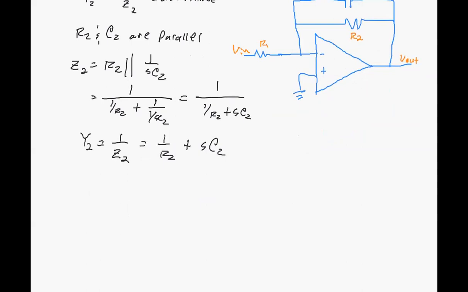But so now if we wanted a transfer function, V out of S as a function of V in of S, we now have minus Z2 over Z1, or that's the quantity we need.